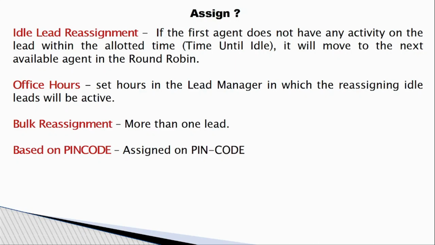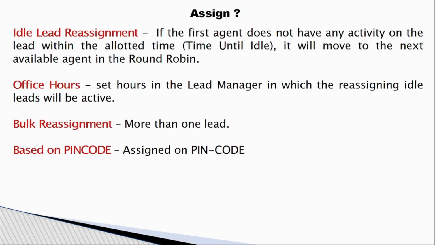Bulk assignment: you have different groups, and you have 100 leads. The 100 leads will be assigned to one group. In that group, 5-10 people will take the total responsibility based on pin code. For example, somebody is in Madinaguda, somebody is in Banjara Hills, somebody is in Jubilee Hills.